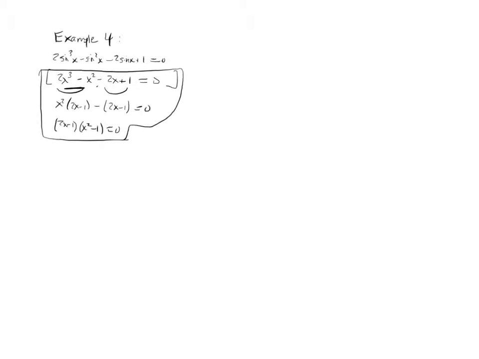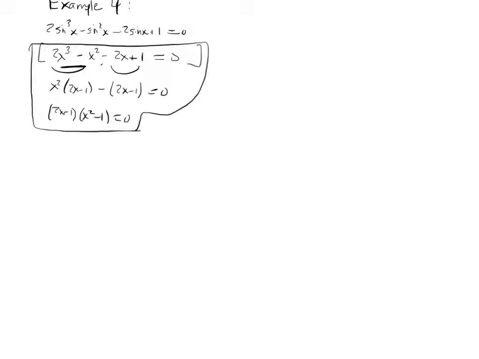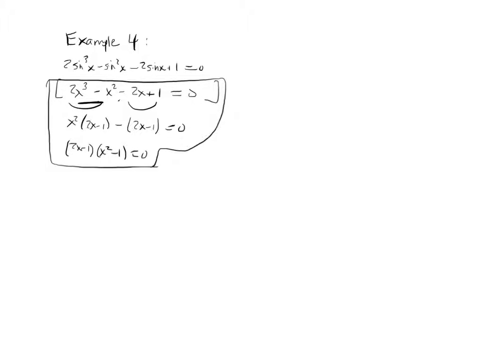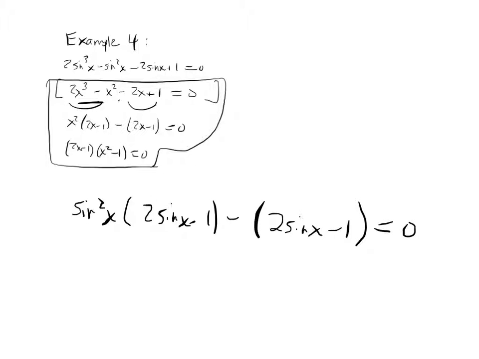So again, where were we here? We had 2 sine cubed x minus sine squared x up there. I'm going to pull out a sine squared x. And that's going to leave me a 2 sine x minus 1 minus, pulling out a minus sign, 2 sine x minus 1 equals 0.